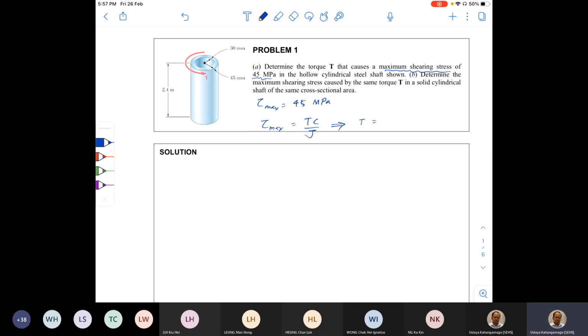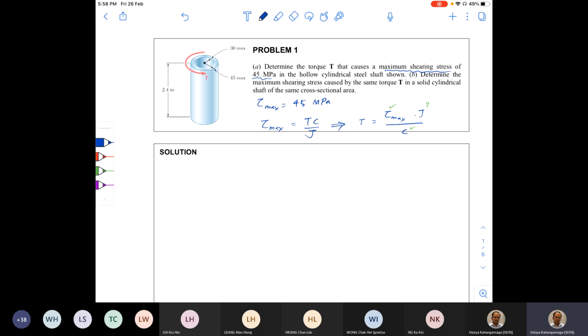Therefore, T is equal to tau max into J over C. In this question, tau max is given and C is the outer radius, which is given. J we don't know, but the geometric details are given, so you can find that. As soon as you find J, you can get the answer for part A.